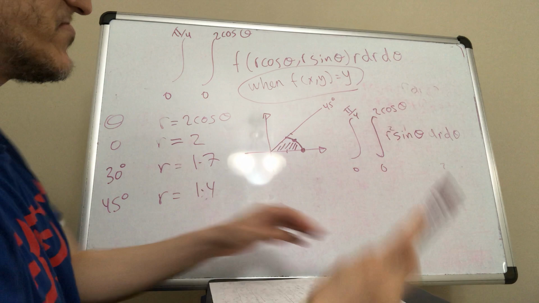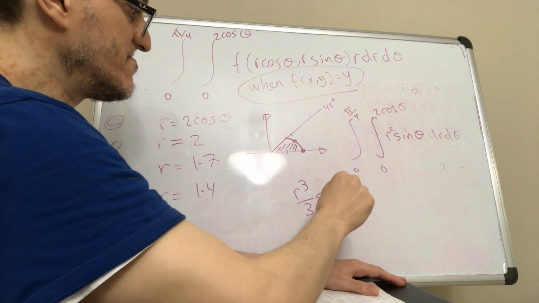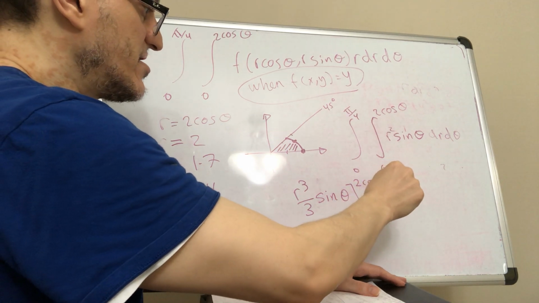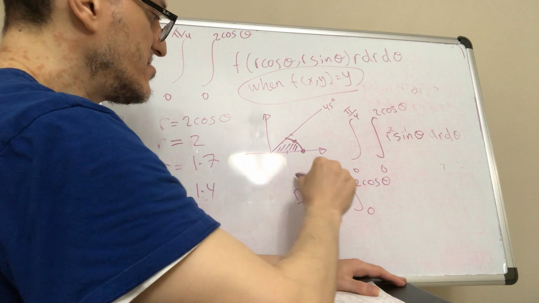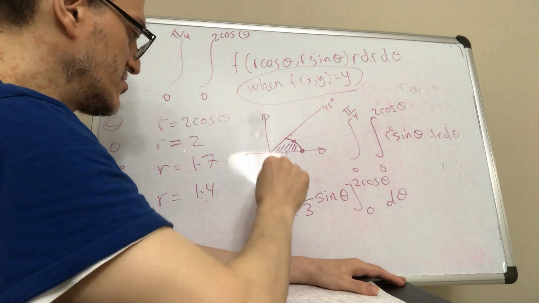So the integral of this with respect to r would be r cubed over 3 sine theta. You put 2 cosine theta, you put 0, and then what you get, you integrate from 0 to pi over 4.